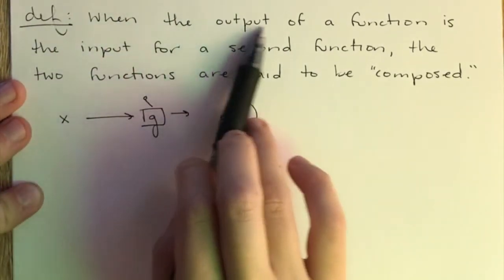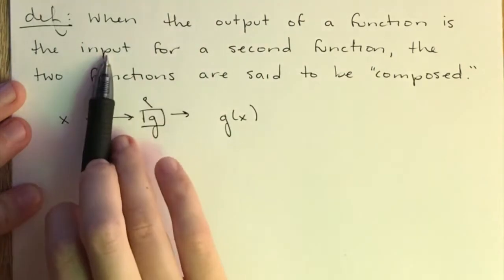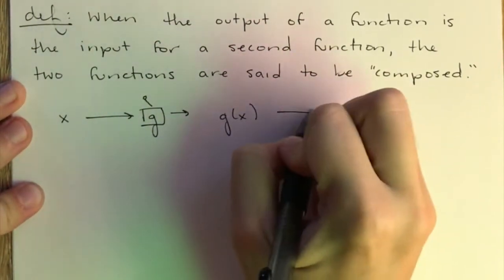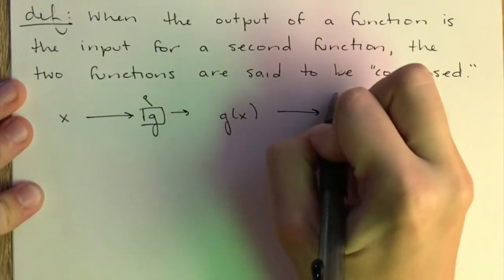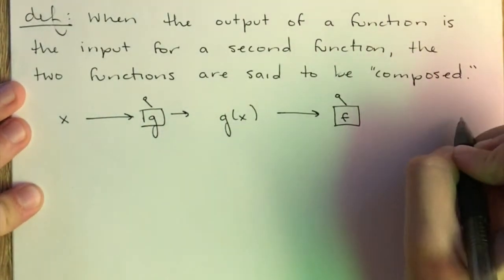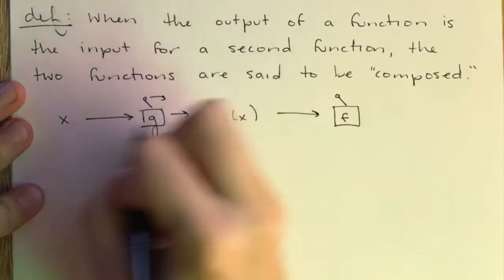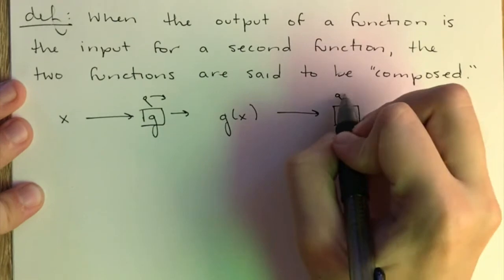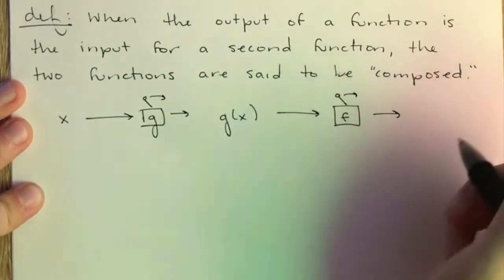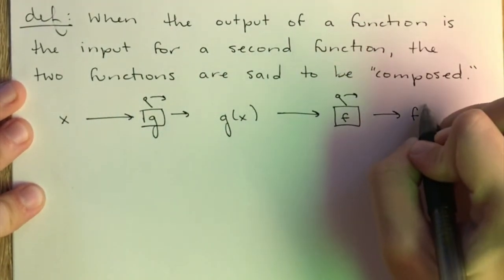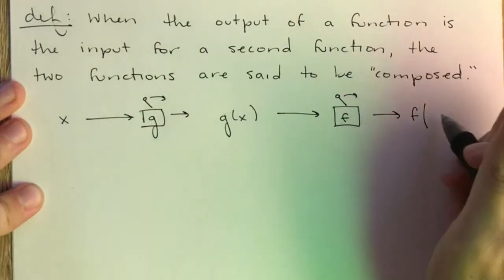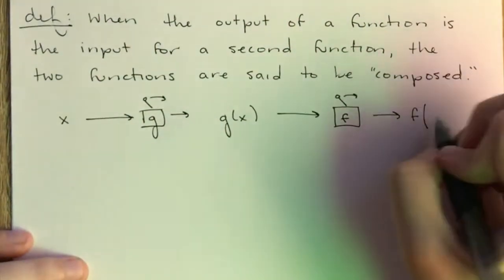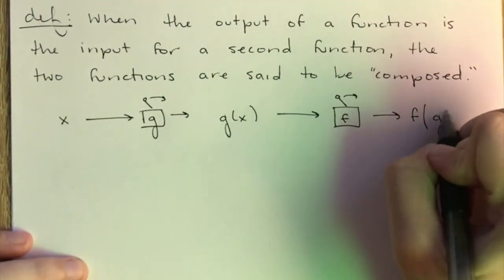This is saying that that output is going to be the input for a second function, let's call it f. When we put x into g, we pull the lever, then we take g of x and put it into f and pull the lever. We get f of, normally we would have f of x because we put in x, but this time we put in g of x, so we are going to have f of g of x.